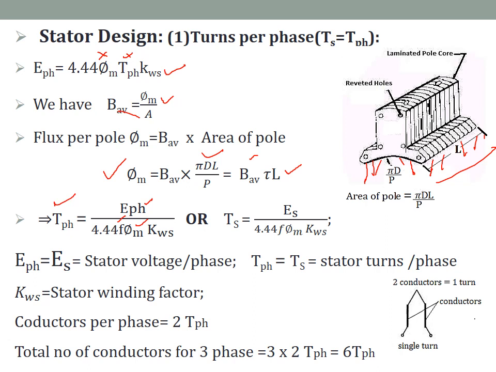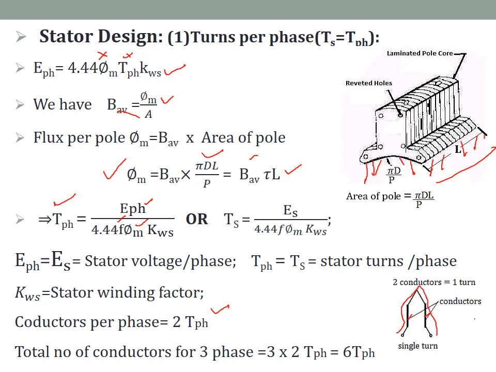Sometimes ES and TS are also used instead of EPH and TPH. Now, conductors per phase is equal to 2TPH. You can see in this diagram, these are the conductors. This is one conductor, this is one conductor. Two conductors constitute one turn. This is one turn.